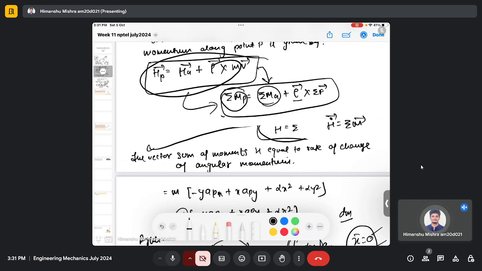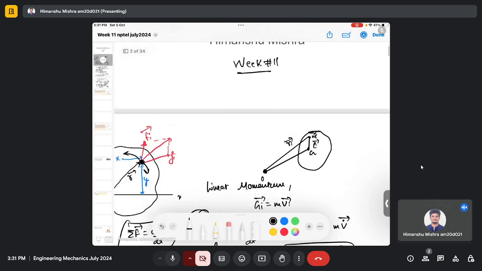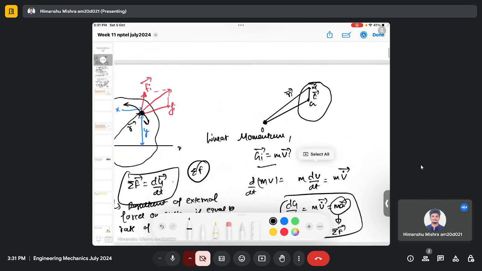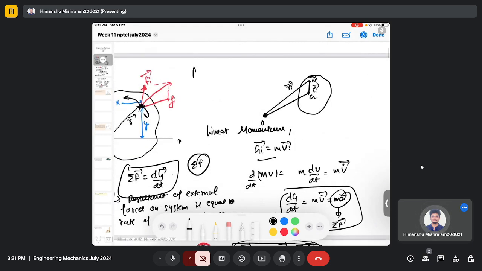So having described these fundamental concepts, let's start solving problems based on these concepts. We have seen multiple concepts. The first concept we looked at is the relation between force and linear acceleration.